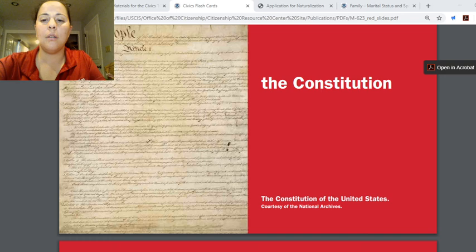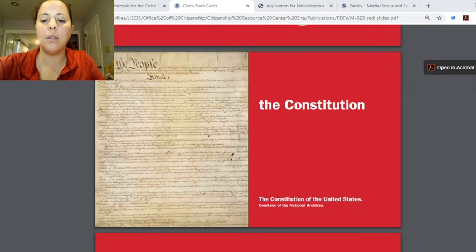It helps you practice for tests. So we have question 1, what is the supreme law of the land? The question is on the front, the answer is on the back, because it wants you to practice saying the answer before you see the answer.